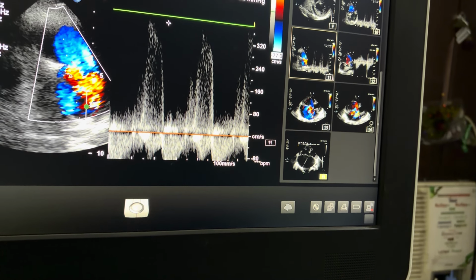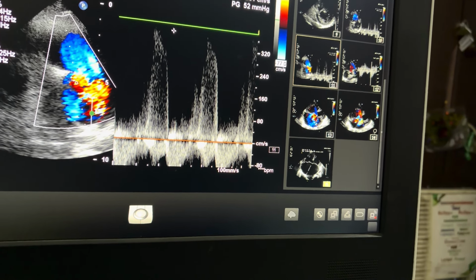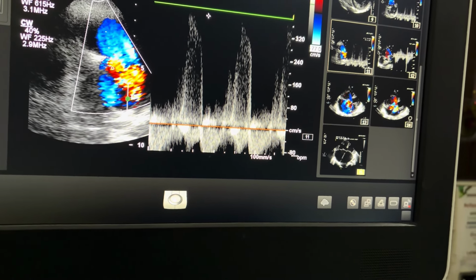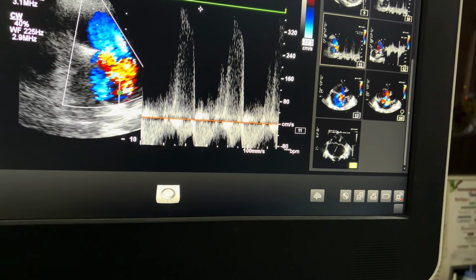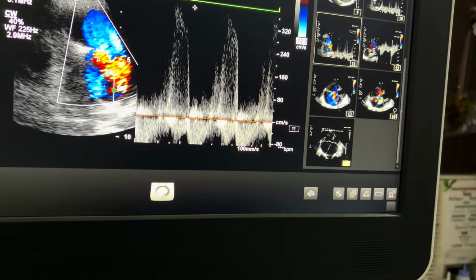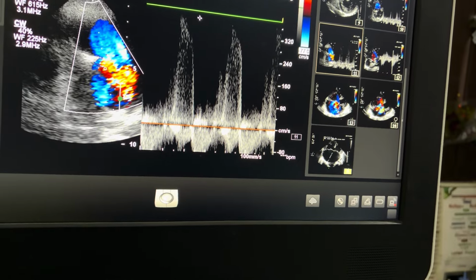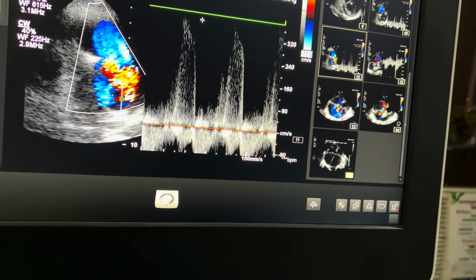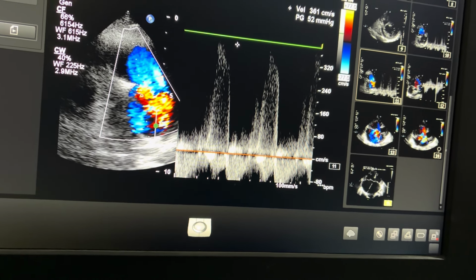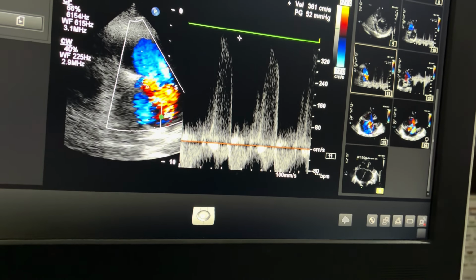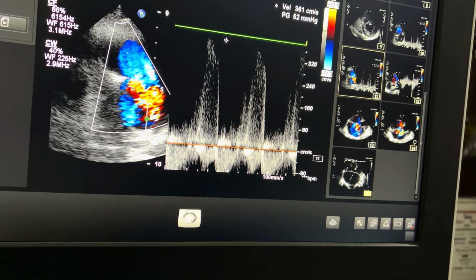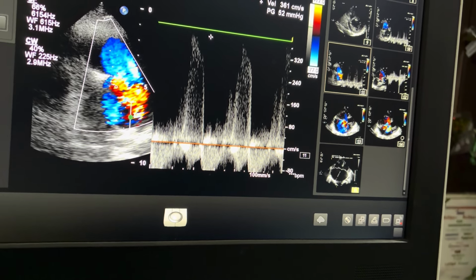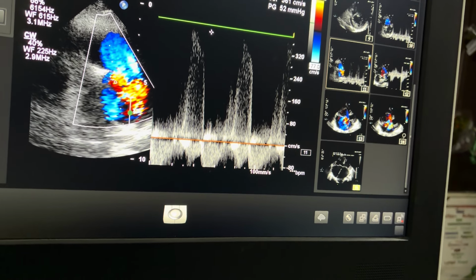So whenever you find more than 50 to 55 pressure of mean pulmonary artery pressure, that will be called severe pulmonary artery hypertension. So this case has developed severe pulmonary artery hypertension. That is the scenario. So no one should miss. This case should have been referred to higher center below 6 months of age, so that operation can be timed properly.